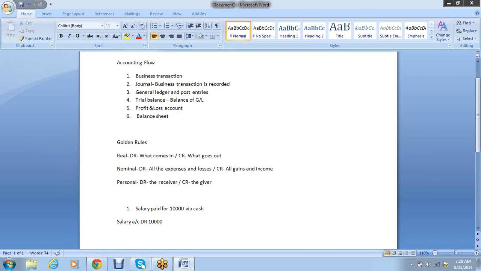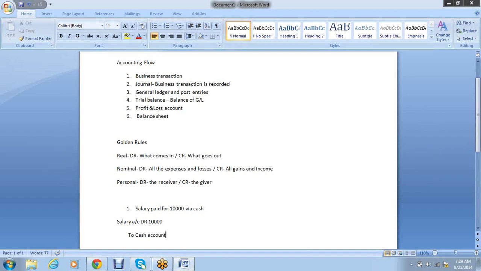So what is the real rule? What comes in is debit, and credit is what goes out. So what is going out here? Cash is actually going out, so credit to the cash account.